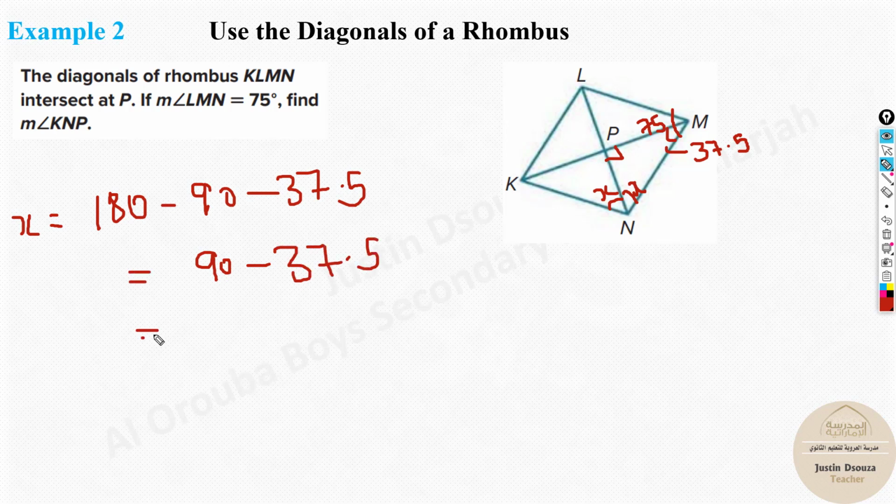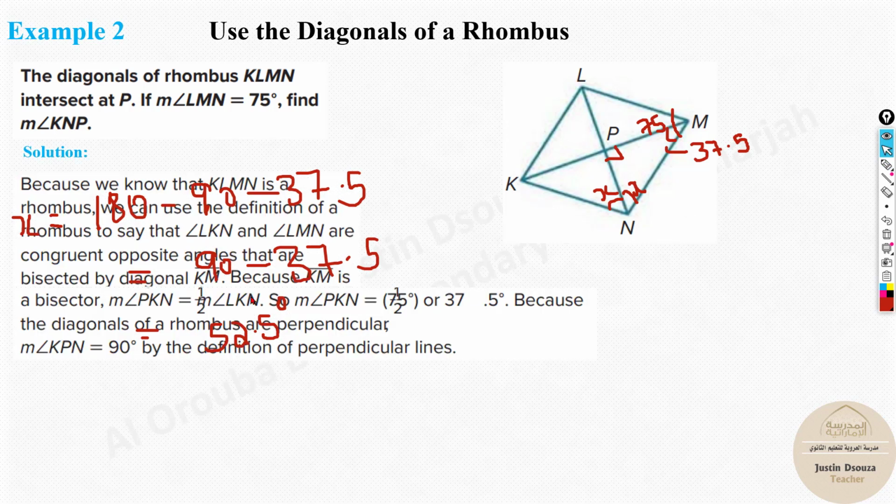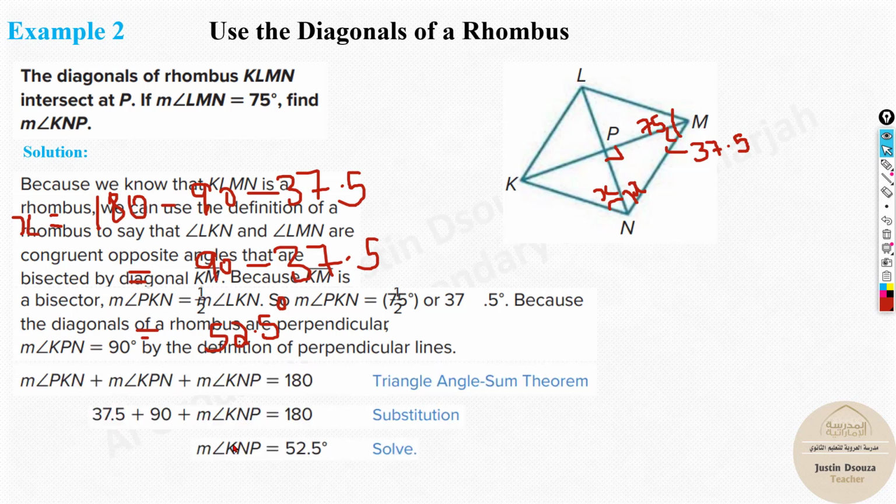So it will be 52.5 degrees. X is 52.5 degrees. Yes, that's it, KNP. Why? Because PNM and KNP are the same. So if you find one side, that will be the same thing. You can just correspond. It's 52.5.